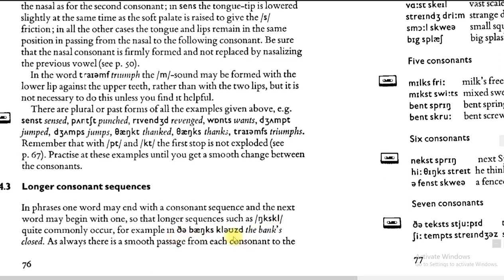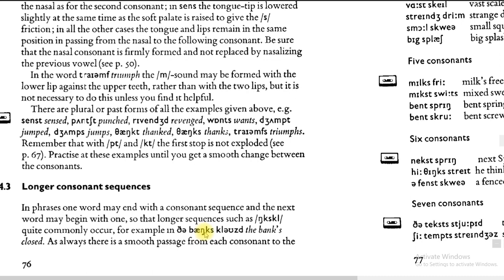Here we give you examples like: the banks closed. If you see the transcription, here we have this consonant sequence: ng, k, s, k, l. 5 consonants in sequence between these two words.